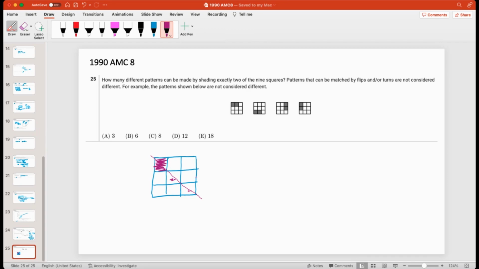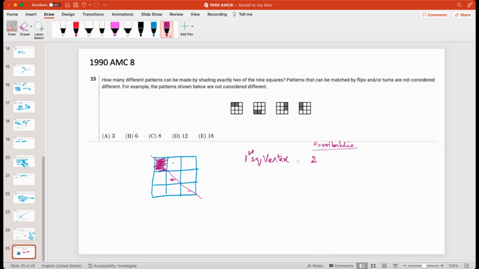So how many possibilities do I have here? First the square I'm taking is a vertex square. We have 1, 2, 3, 4 vertex squares, right? So I'm going to take that my first square is a vertex. If this is a vertex and the second is in the diagonal, I have two possibilities.